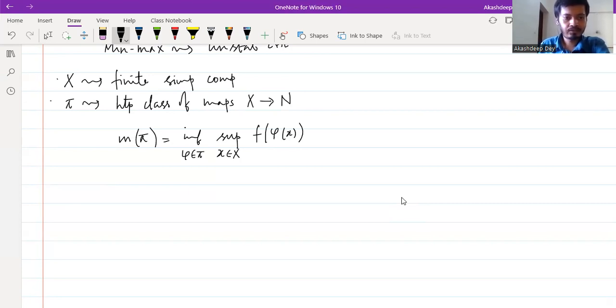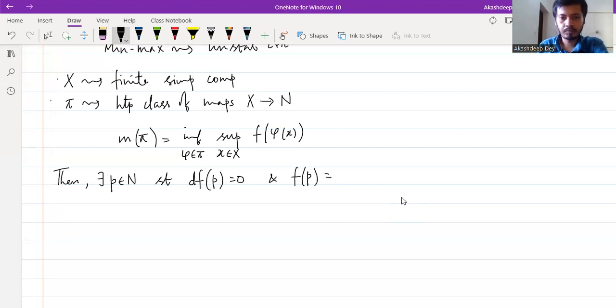And then we have the following min-max theorem. There exists a point p in N such that p is a critical point of f, that is df_p is equal to 0, and f(p) is equal to this min-max number m(Phi).